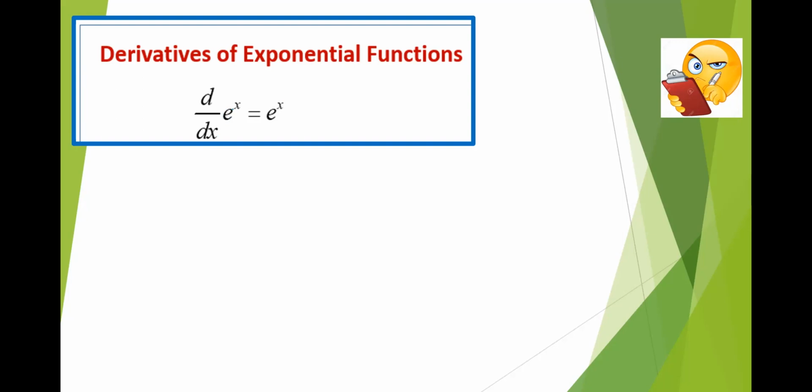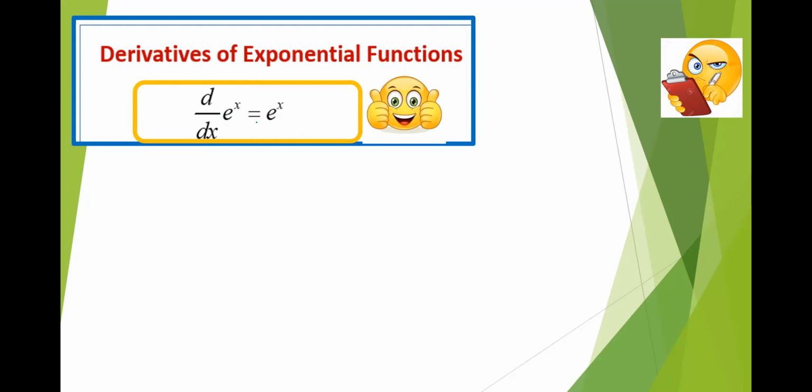If you have the derivative of e to the x with respect to x, that is simply e to the x. Okay? Pwede nating i-highlight yan kasi that is one of our favorite formulas for the derivative. So, the derivative of e to the x is itself.